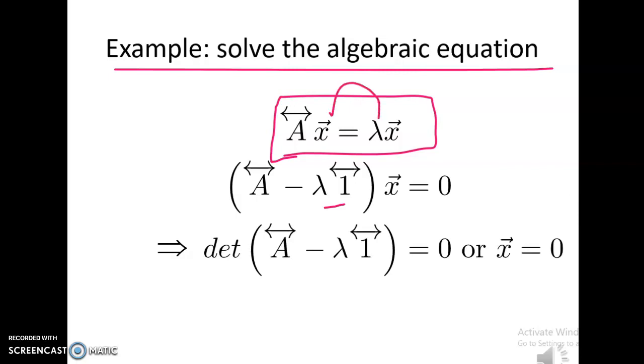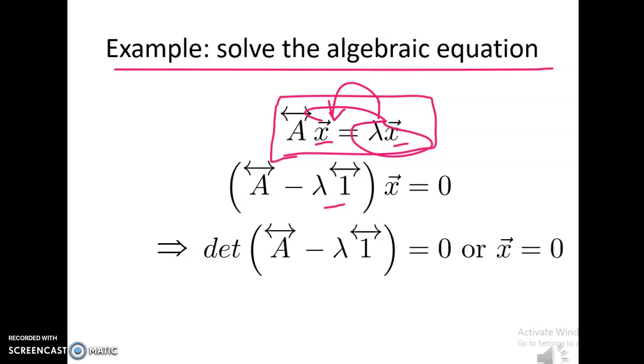We have to keep only x here. x is the common factor. Bring both together, then 0 will come.